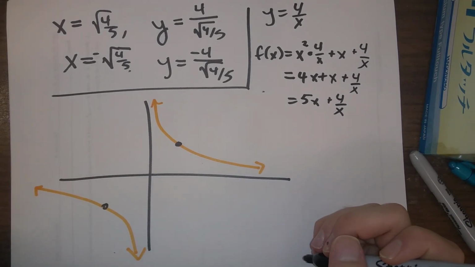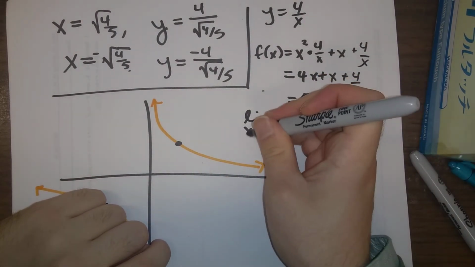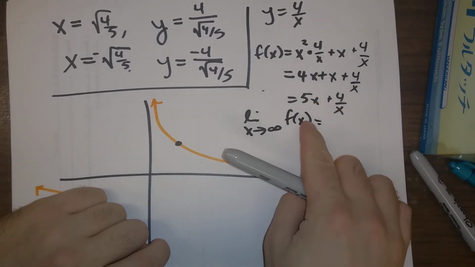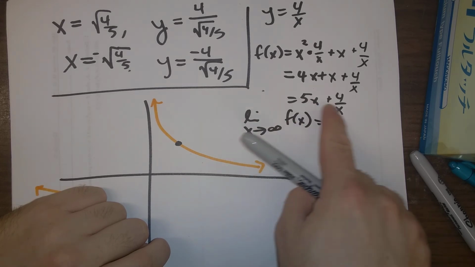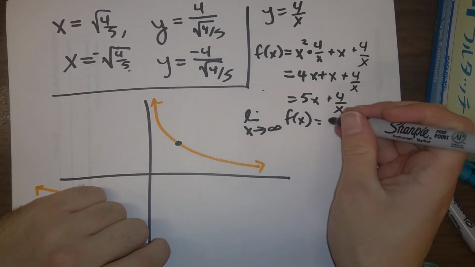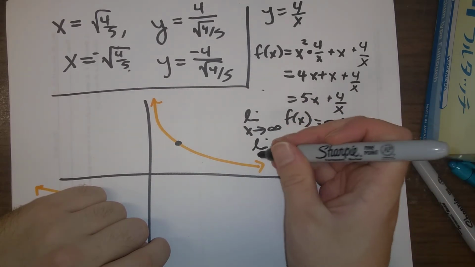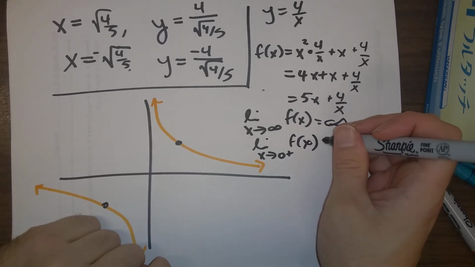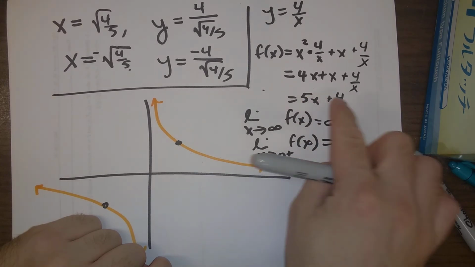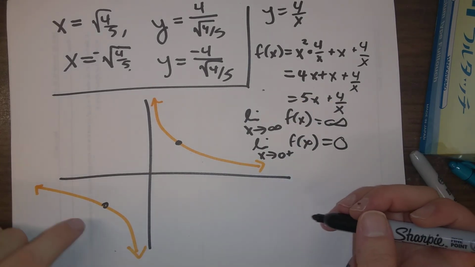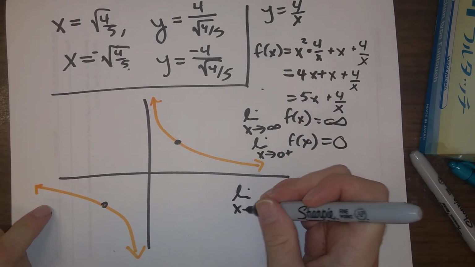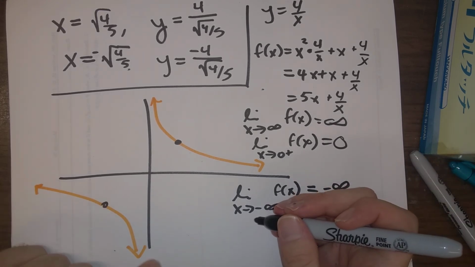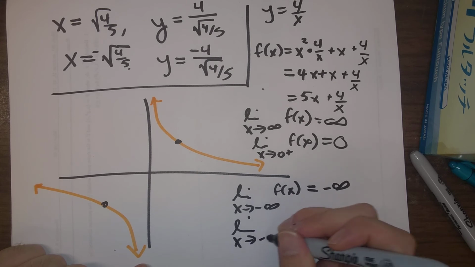The limit as x goes to infinity of f of x is infinity, since this goes to infinity and that goes to 0. The limit as x goes to 0 from the right of f of x is also infinity: that would go to 0 and that would go to positive infinity. If we took the limit as x goes to minus infinity of f of x, we get minus infinity, and this also gives us minus infinity.